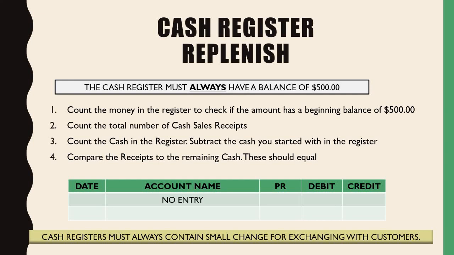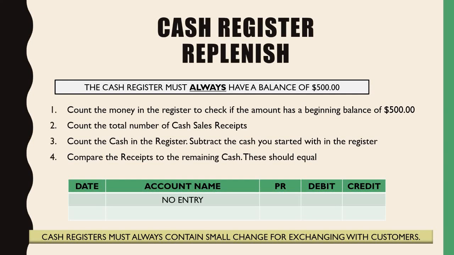And then from there, you're going to compare: did I have the exact change from my cash sales? Are they the same, the money that's in the cash register compared to the total number of receipts? Okay? And that is it. So therefore, you don't need a journal to do this.